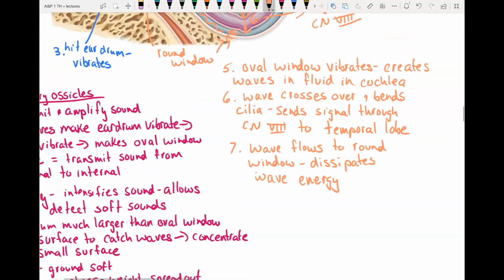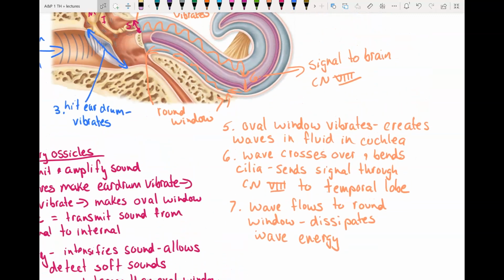Okay. Think of a swimming pool. If you're in a swimming pool and you're jumping around and you're making waves, the waves go to the edge of the pool, they hit it, and they bounce back. In your ear, you don't want any waves bouncing back. So think about what you could do in your swimming pool to make it so that the waves you make as you're jumping around will go to the edge and then they dissipate.